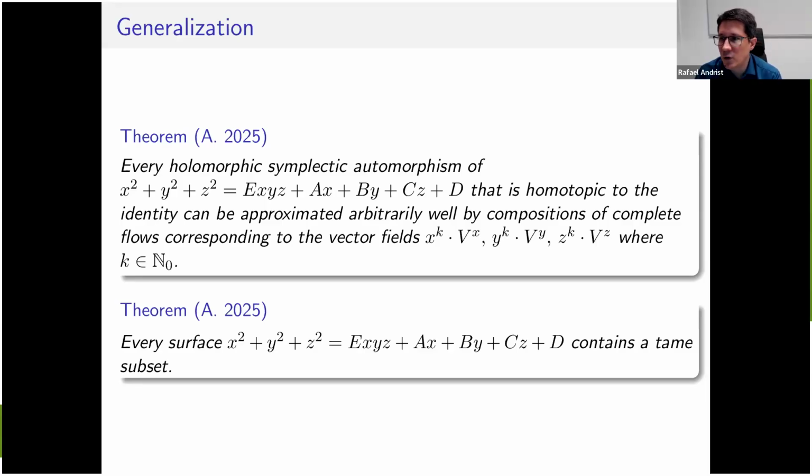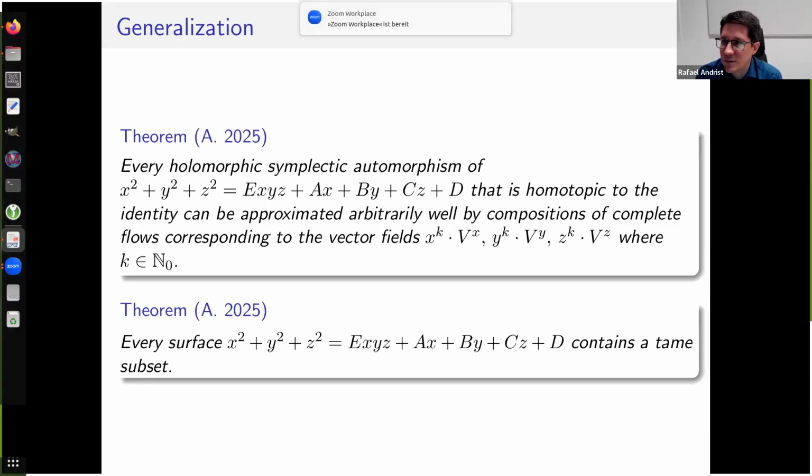But of course, there is a more abstract theory, which was also initiated by Andrist and Lampert in their paper. And they actually proved that there are many, I mean, actually, that most of them, in a certain sense, cannot be written as a finite composition.